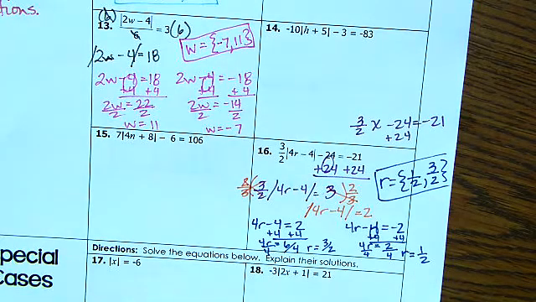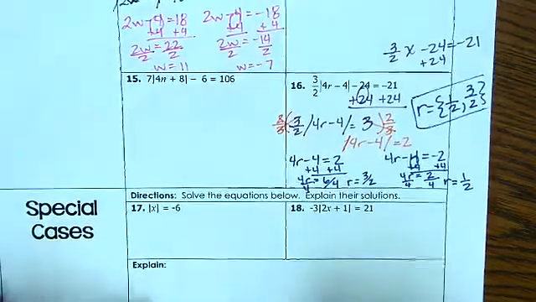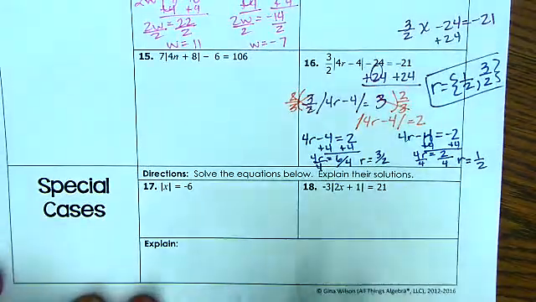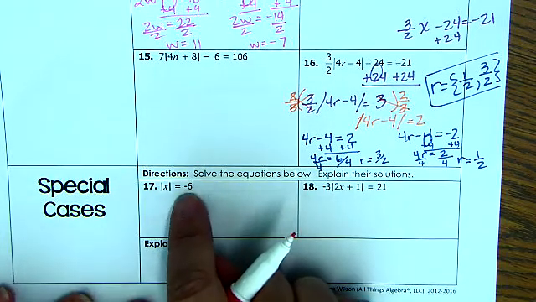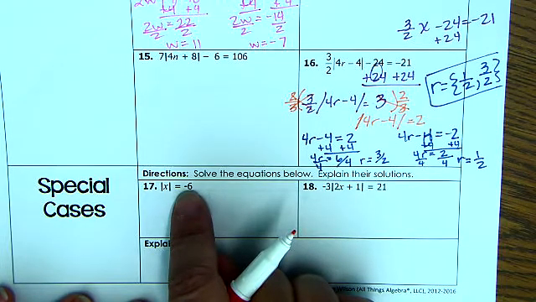Now, as usual, we always have special scenarios from when things happen. So the big thing, when it's special cases, can I ever have a negative distance? Because remember, absolute value is talking about the distance from 0. I can't have a negative distance.